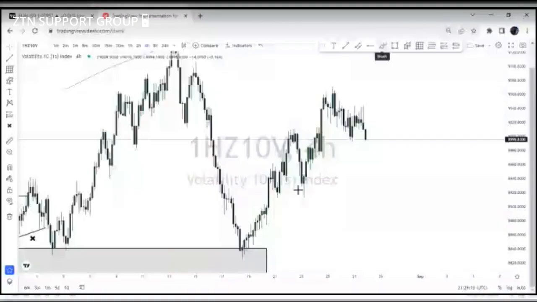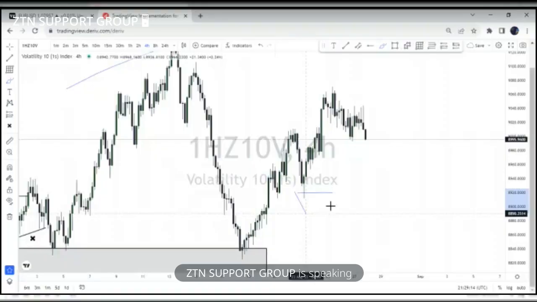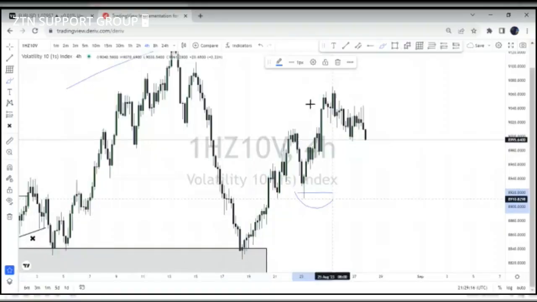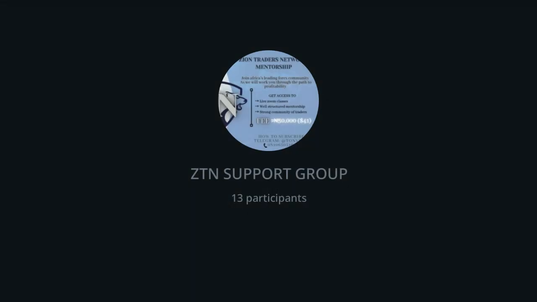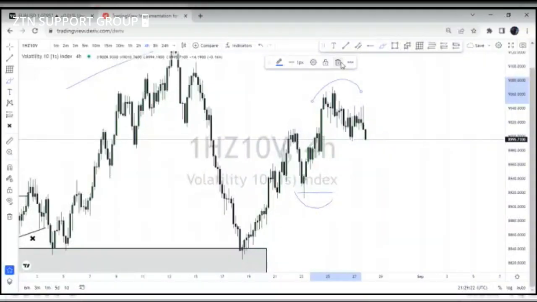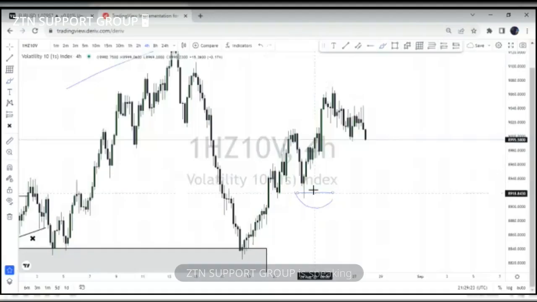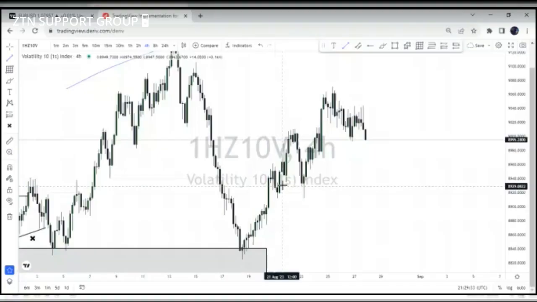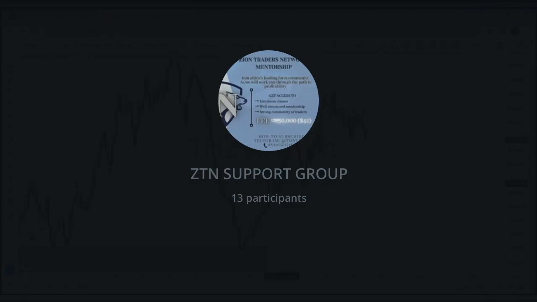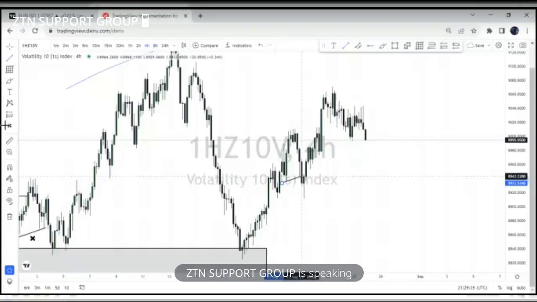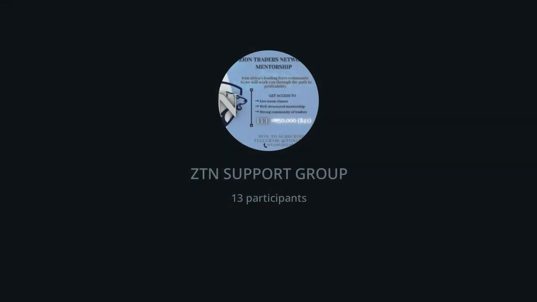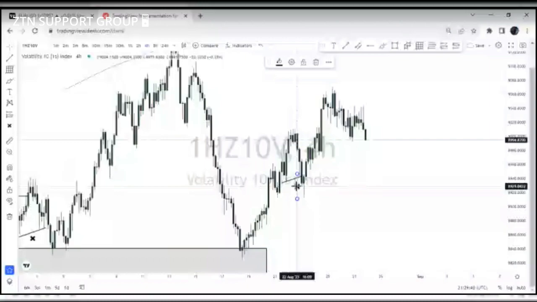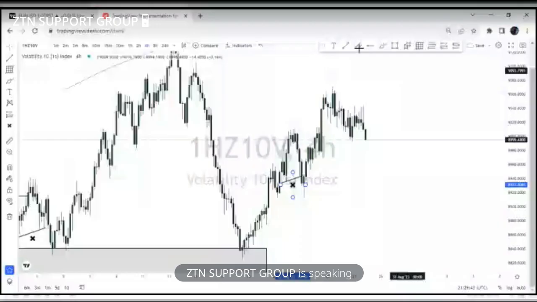Higher low and higher high. Does that make sense? And the same thing, supply and demand. Okay, and then it left us a very good imbalance to play.